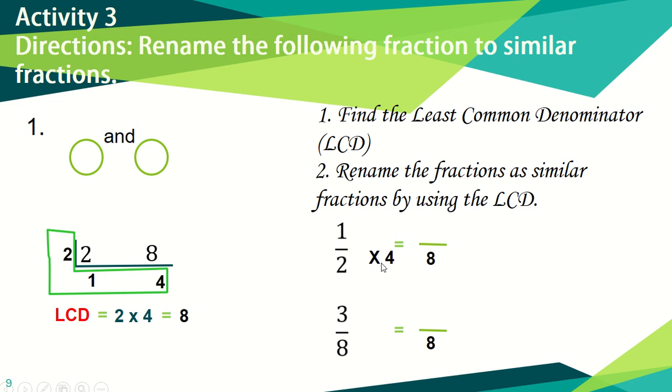So, you're also going to multiply the numerator by 4. So, we have 4/8. Next, we're going to multiply 8 by 1 to get 8. So, yung 3, you will also multiply it by 1. So, we have 3/8. So, ang similar fractions ng 1/2 at 3/8 ay 4/8 and 3/8. Yan yung sagot ninyo sa activity 3.